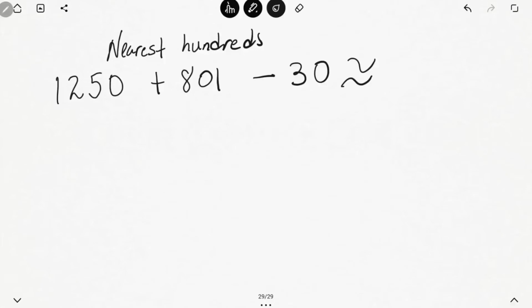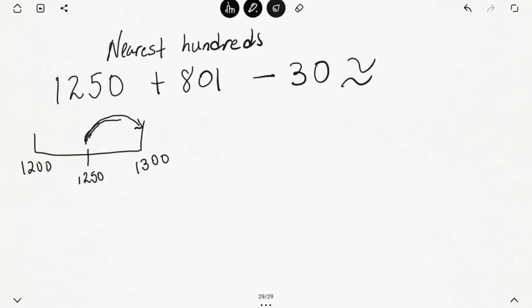We're looking for the approximate value. Based on everything we learned, if we have 1250, the nearest hundreds would be 1200 and 1300, and the middle number will be 1250. And what did we say? If we have 1250, which is the middle number between 1200 and 1300, we round it up to 1300.